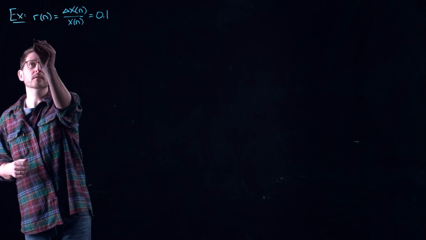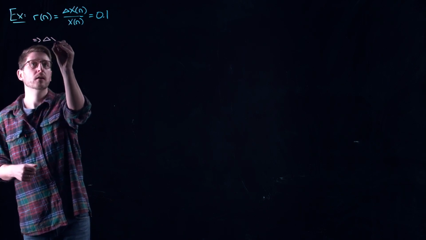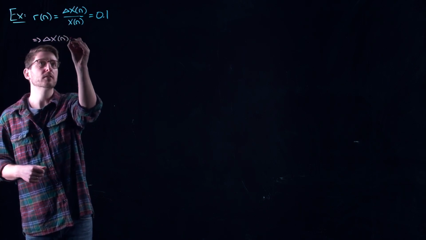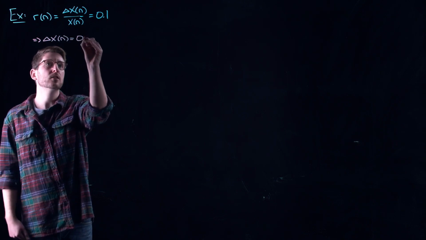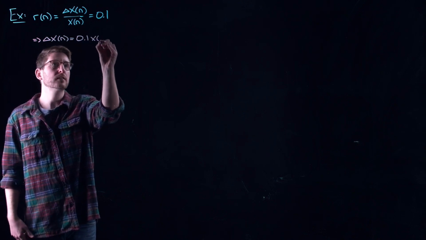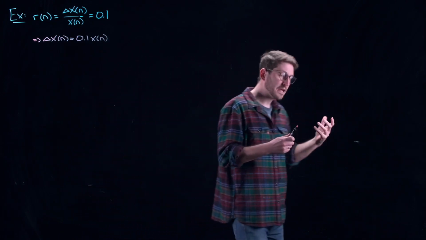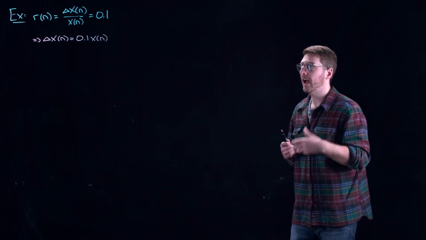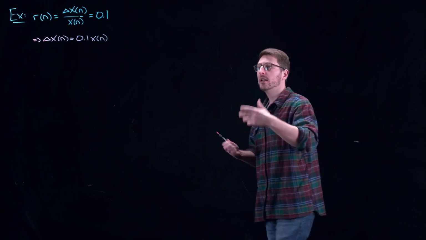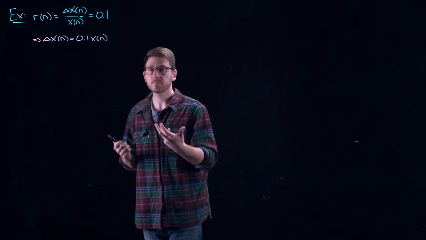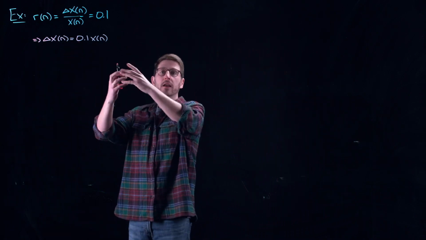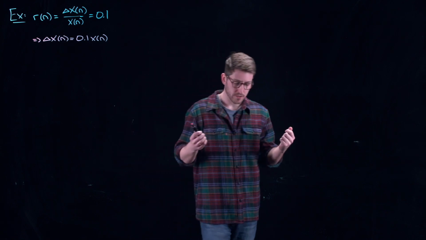But this allows us to write our discrete time dynamical system as the change in x equals 0.1 times x of n. In this case, x of n is our population of yeast at hour n. It's only one-dimensional. And now we've got a pretty little difference equation.